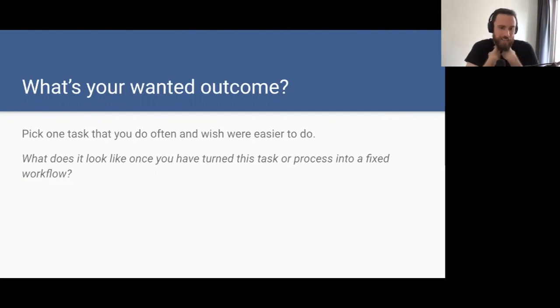It's not easy, I lose my train of thought, whatever. And then think about it just in your mind's eye. What does it look like once you have turned this task into a fixed workflow? So not just what will you achieve, but also how will you feel? Let's get a little bit of feelings in it. So again, I will set a timer for 2 minutes.